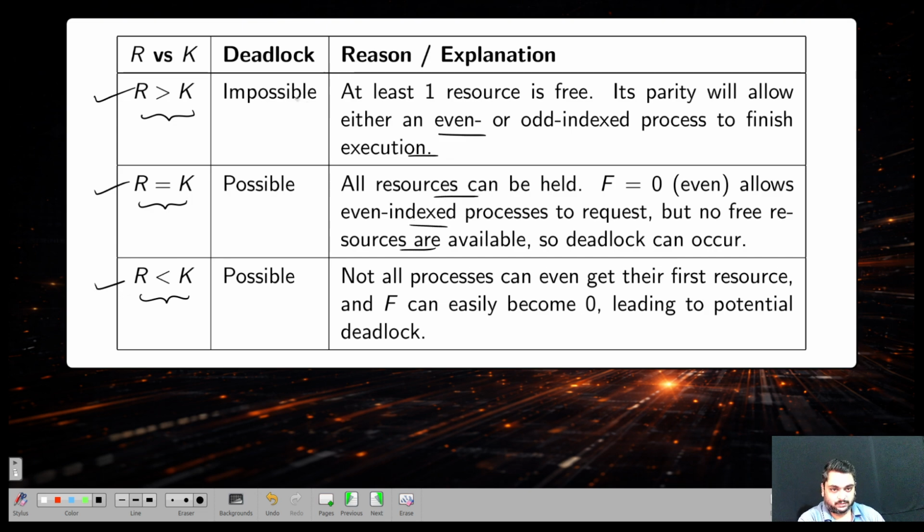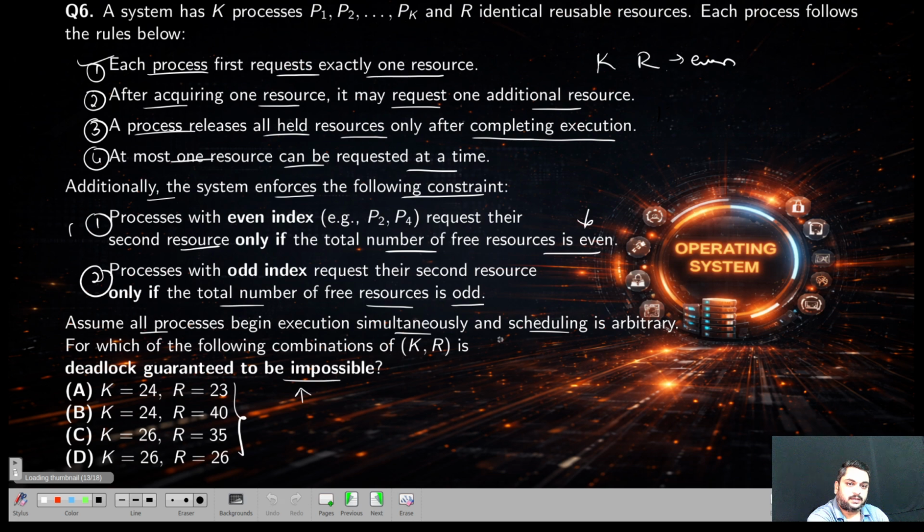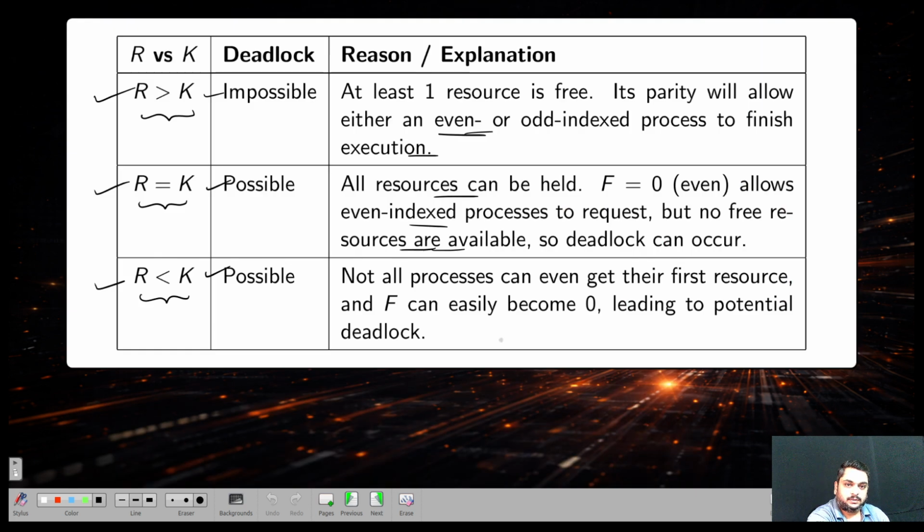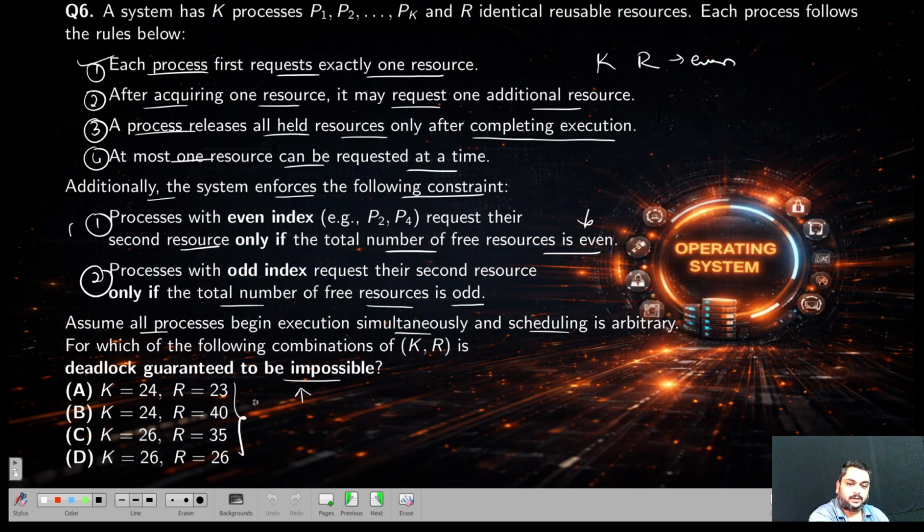Based on this problem, this is possible. So in the exam you have to find this for the given conditions. You can go through it here. You have to think from that angle, because formulas do not always work. If you check that, you'll get the possible answers. So deadlock is impossible only when R is greater than K. Based on that, you can make your assumption.